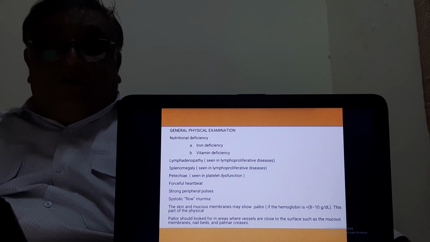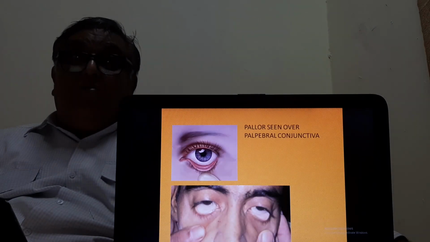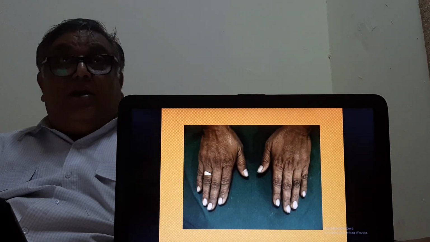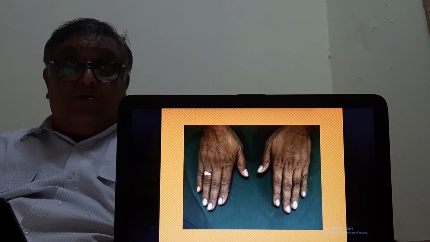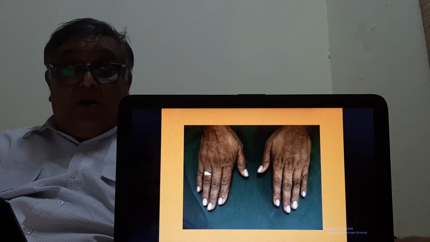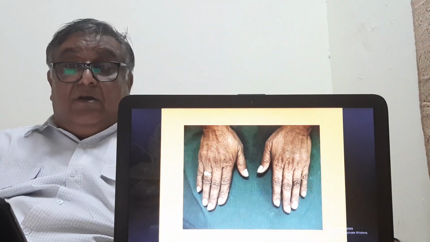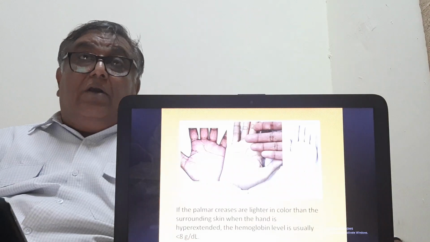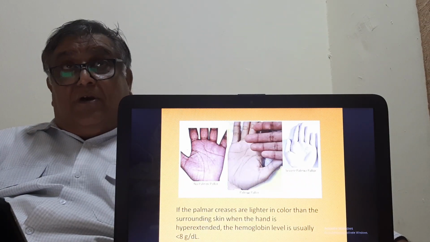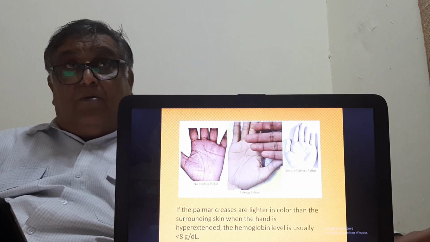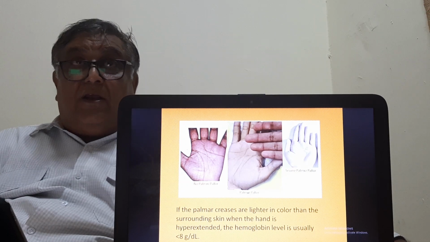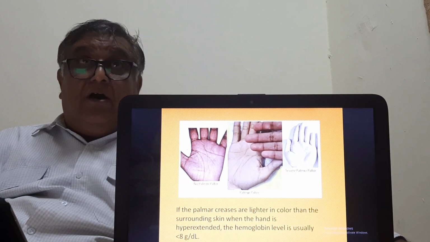The presence of lymphadenopathy is important to rule out lymphoproliferative diseases. Splenomegaly and hepatomegaly also give us a clue about the cause of anemia, maybe a lymphoproliferative disease. Petechiae are a very important portion of the examination because they give us a clue that probably all the cell lines, not only the RBCs but also platelets, are decreased.